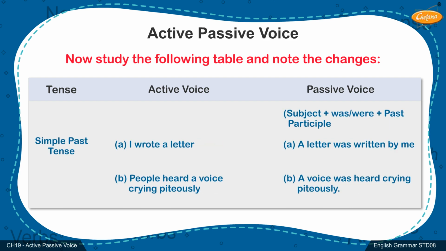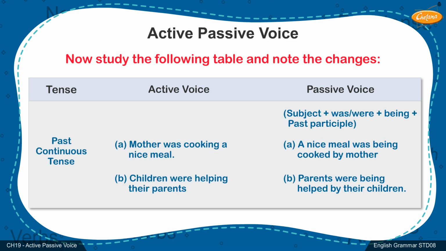Simple past tense. Active voice: I wrote a letter. Passive voice: A letter was written by me. Past continuous tense. Active voice: Mother was cooking a nice meal. Passive voice: A nice meal was being cooked by mother.